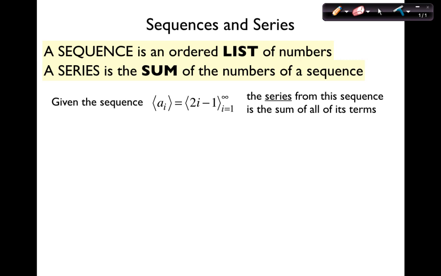So given the sequence, our first one, A, 2i minus 1, the series from the sequence is the sum of all its terms. For this sequence, I want you to write out the series in a way that a second grader would understand it.